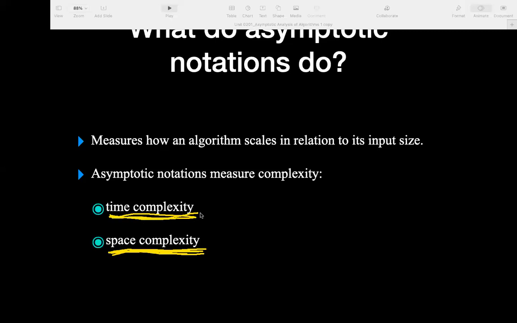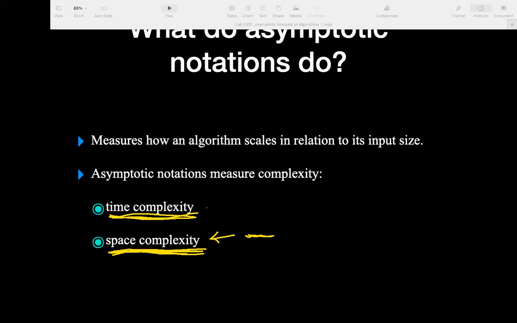This used to be a very important consideration in yesteryears, when memory was very expensive. Now memory has become quite cheap. But it still makes a big difference, because if we look at the kind of data sets we have to utilize to run our AI programs and database programs, space complexity again plays a very important role.